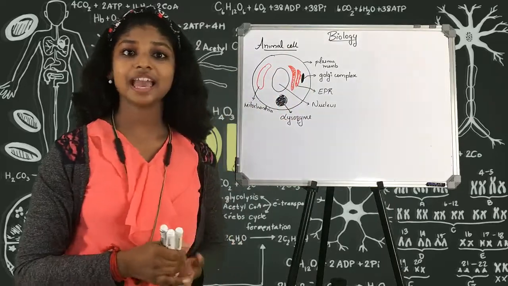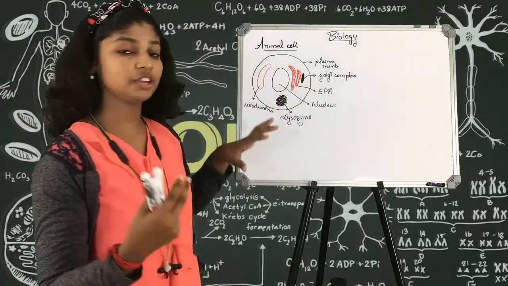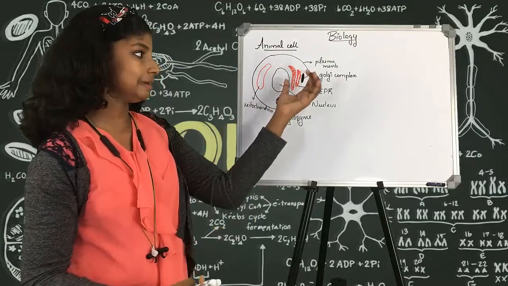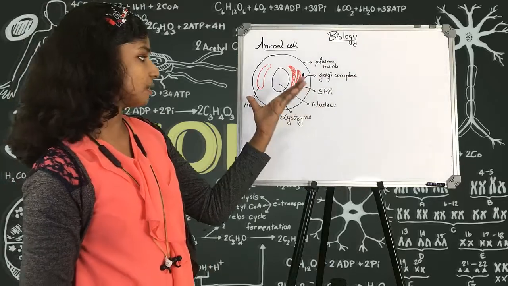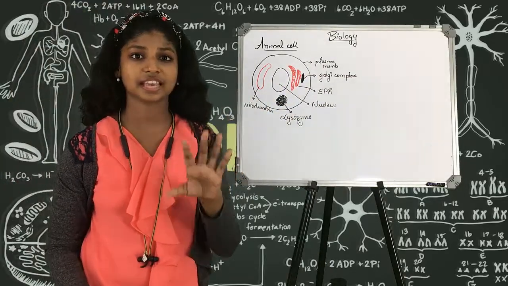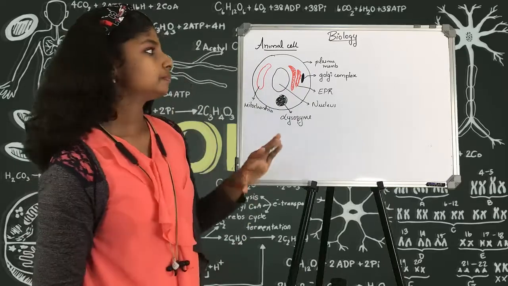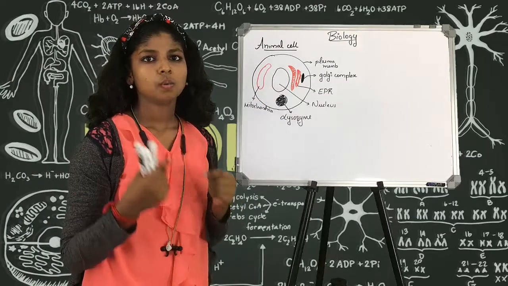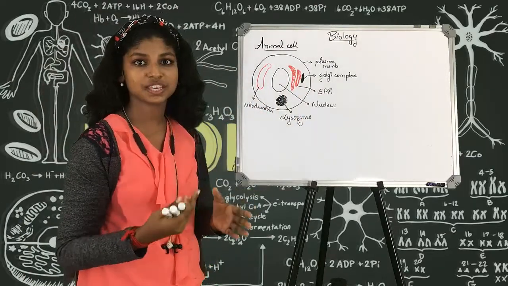I have told earlier that in the coming videos we will be learning the cell organelles, that is the ER, Golgi complexes, lysoenzyme, mitochondria, nucleus and all. We will be studying them in detail. Well, when we look at the structure of the animal cell, what is the first thing you see?